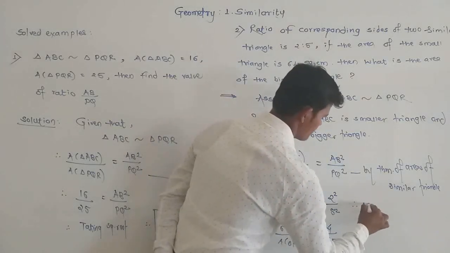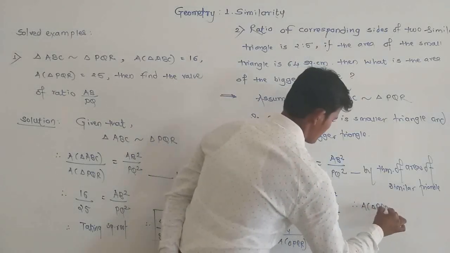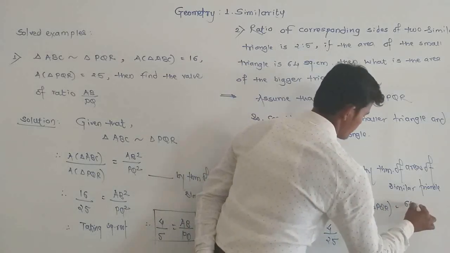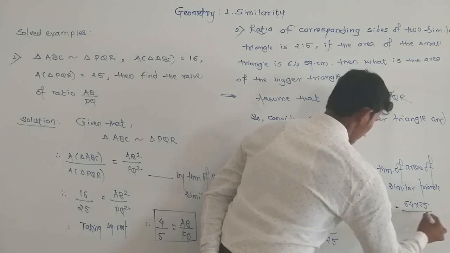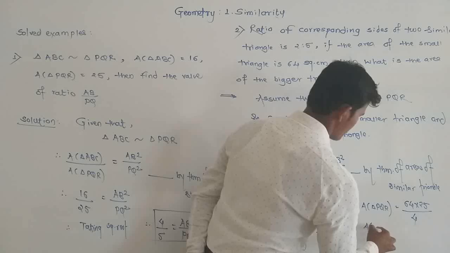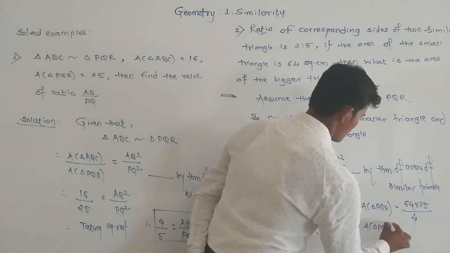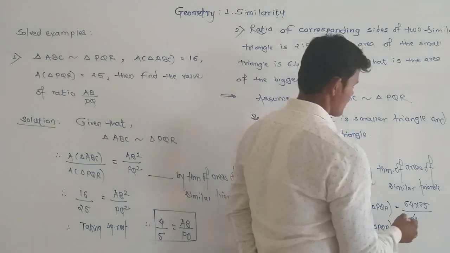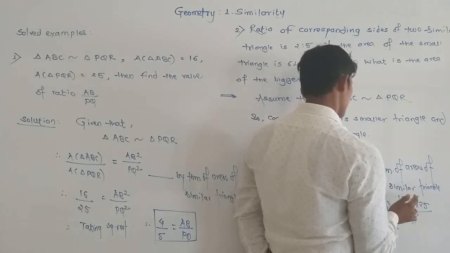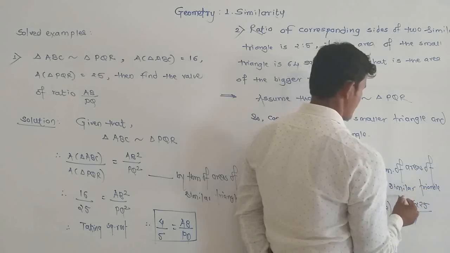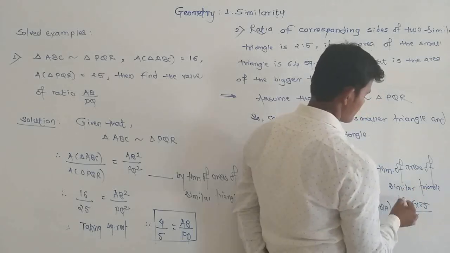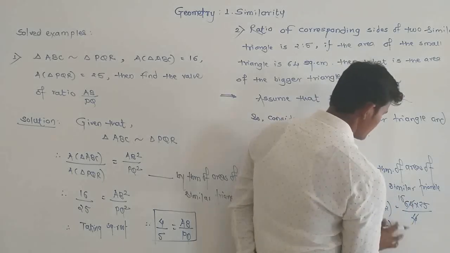Therefore, we get area of triangle PQR equals 64 into 25 divided by 4. 4 sixteens are 64, so we get 16 into 25.